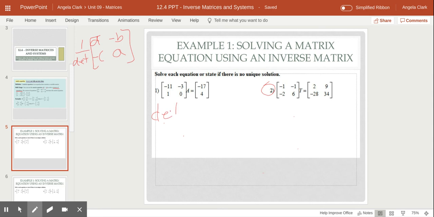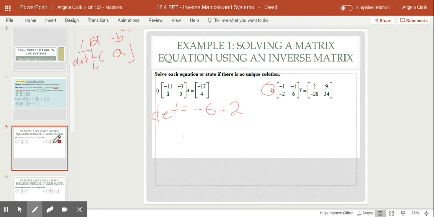Remember, we're doing this problem, but I'm going to write over here for the sake of space. So the determinant is going to be negative 1 times 6 is negative 6 minus negative 2 times negative 1, so minus 2, right? Negative 2 times negative 1 is positive 2, and then I'm subtracting.